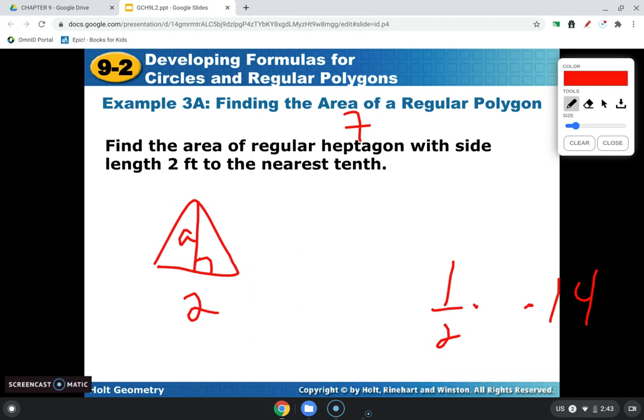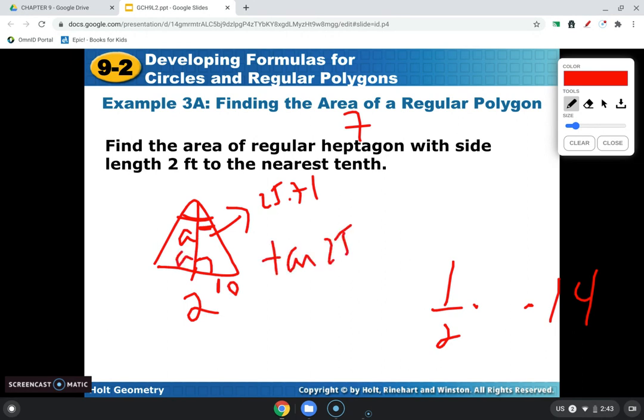To find the apothem, you have to find your angle up here. We would find that angle and then do some trig. So we take 360 divided by 7, and then we divide that by 2. 25.71 is that angle. Well, if this is 2, then this would have to be 1, right? The whole thing is 2, so half of it is 1. So that's opposite and adjacent, so that's tangent.